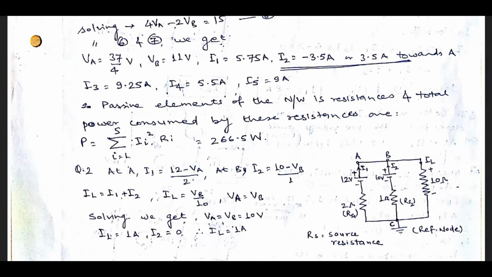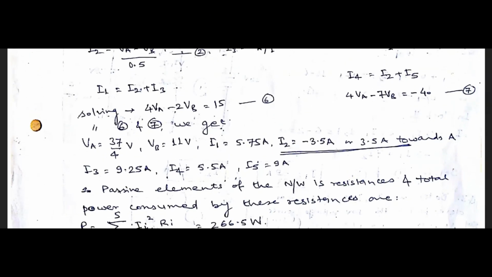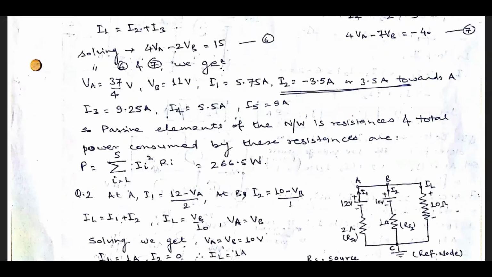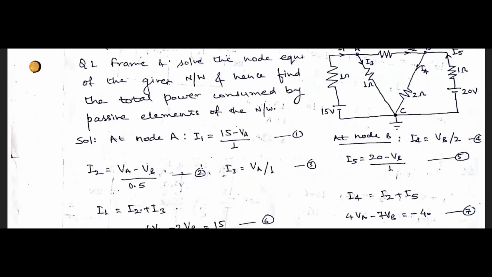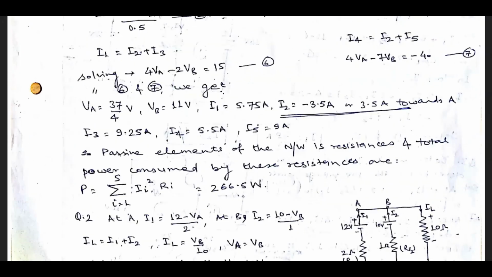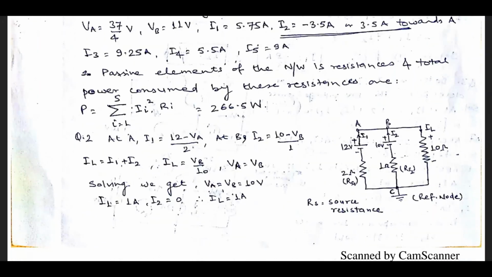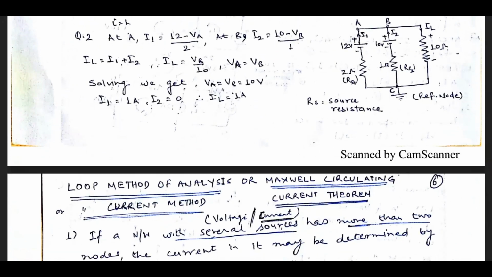I1 square times resistance, whichever resistance is receiving whatever current, we will calculate the I square R formula from this. Then we will add to get the result 266.5 watts.